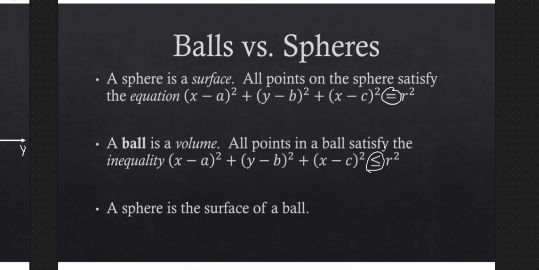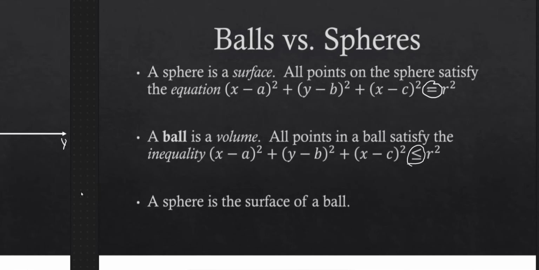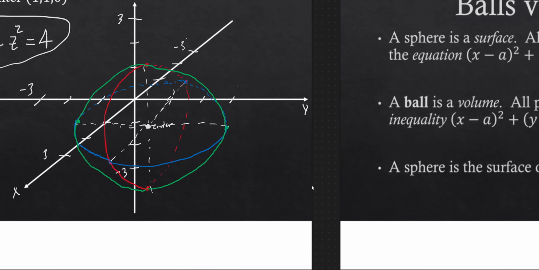If I have, let's say, a greater than or equal to symbol here, that would be the points that are further than r, and so it would be the outside of the ball. But less than or equal to gives us the inside of the ball, right? If I pick a point like this that's in the xy plane, the distance is not 2 to the center, but it is less than 2. And so what that means is it's inside the ball.